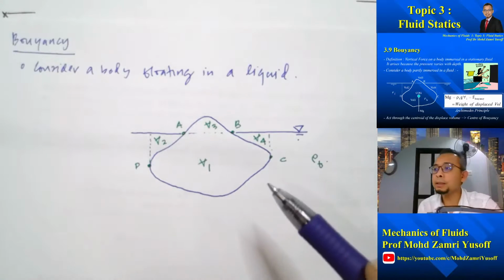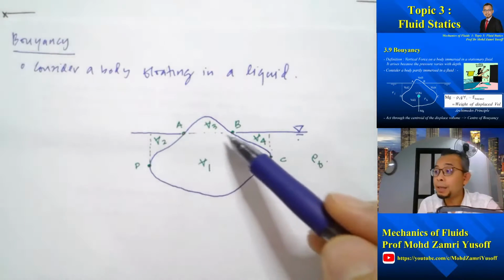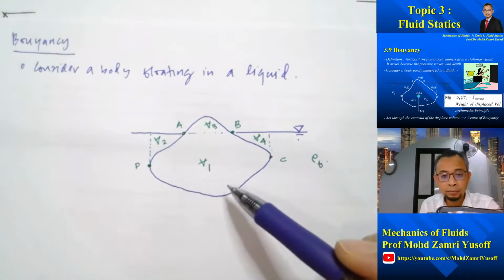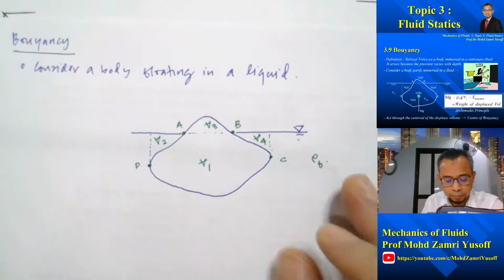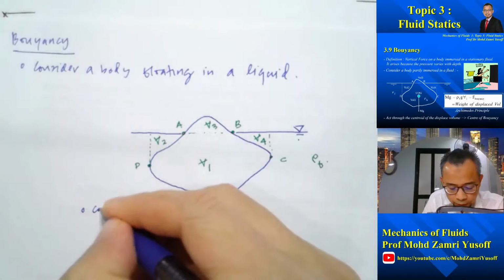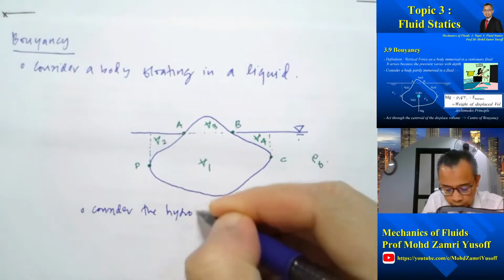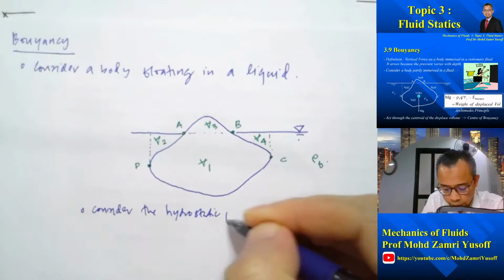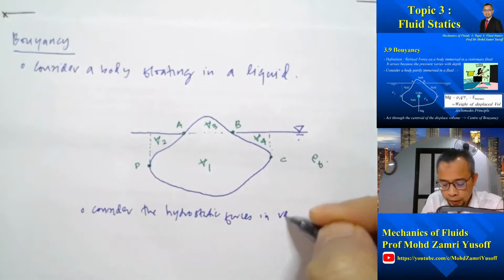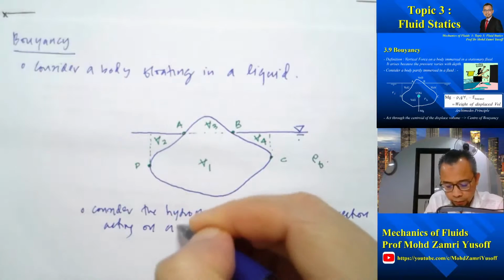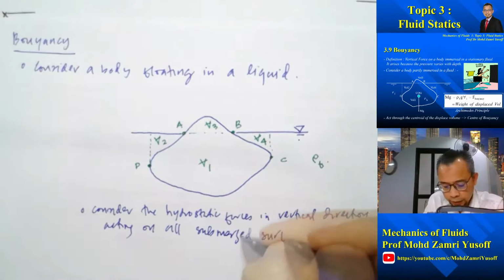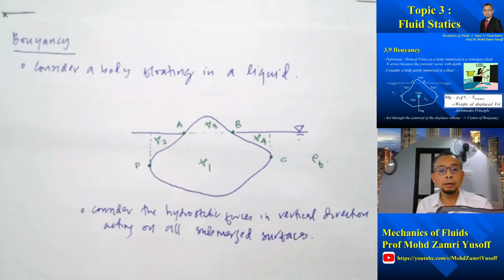Let's consider a body partly immersed in fluid as shown here. Let's consider the hydrostatic forces in the vertical direction acting on all submerged surfaces that make up this body.